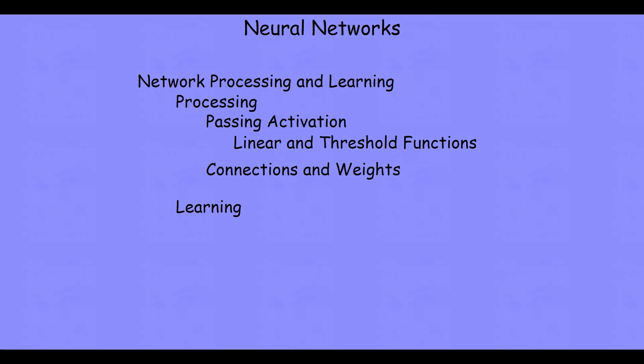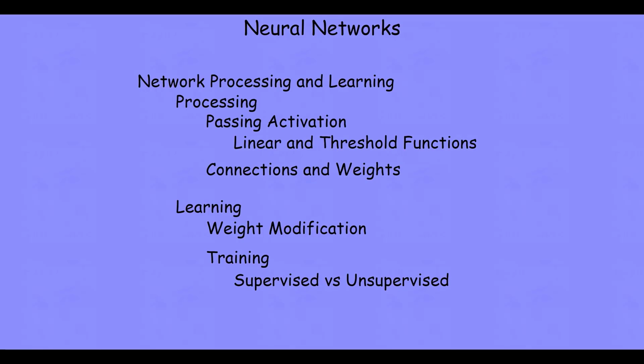Learning, as we'll see, consists in reorganizing the system by modifying those weights between the connections between the individual units. Weight modification is generally accomplished through training, and training can be done in one of two ways, either supervised training or unsupervised training. But in general, training always is experience modifying weights between individual units within a system.